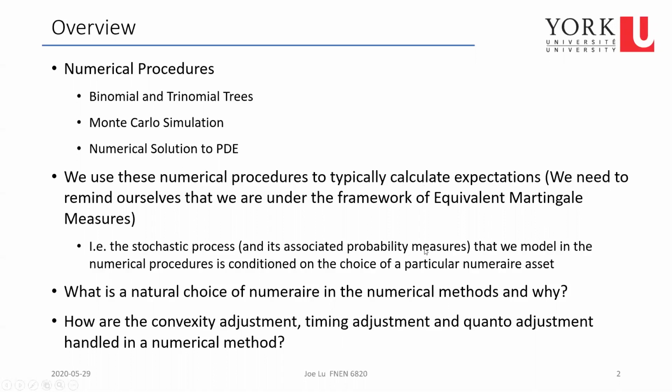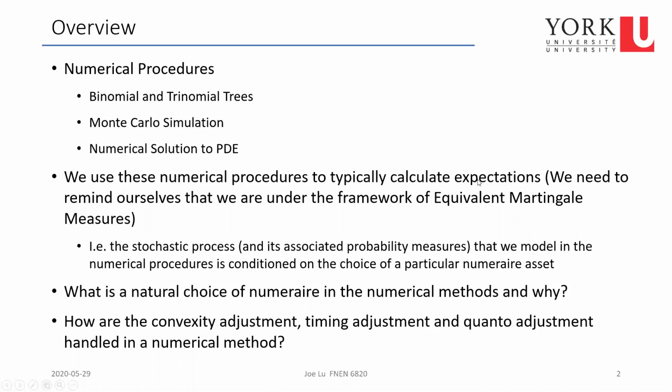But there may be other situations where we probably don't want to just work under the risk-neutral measure. So no matter what probability measure we work under, it's important that we be conscious about that, and also be aware of what asset we have selected as the numerator asset, because that determines what probability measure we're working under.